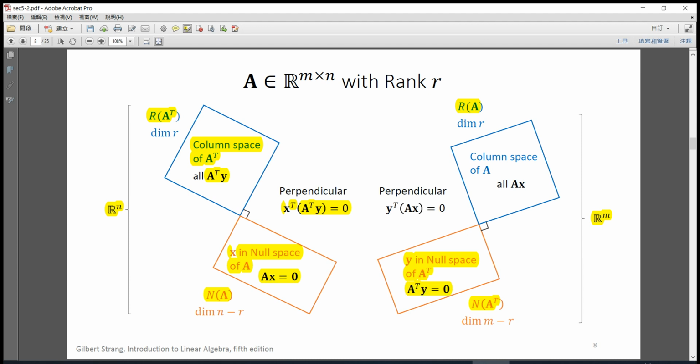And if a vector is in the column space of A, then the vector has the form Ax. And we have the following condition: y transpose times Ax equals 0. Here y is in the null space of A transpose, and Ax is in the column space of A. And in fact, x can be an arbitrary vector in Rn.